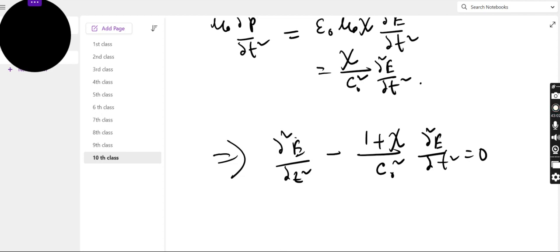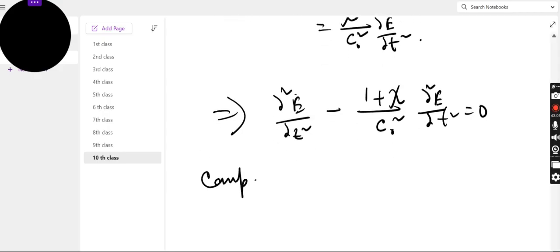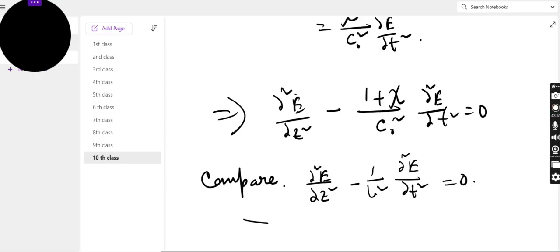And if we compare with the electromagnetic wave equation in matter, like 1 by v square del square E by del t square equal to 0, so 1 plus chi over c naught square is equal to 1 by v square.